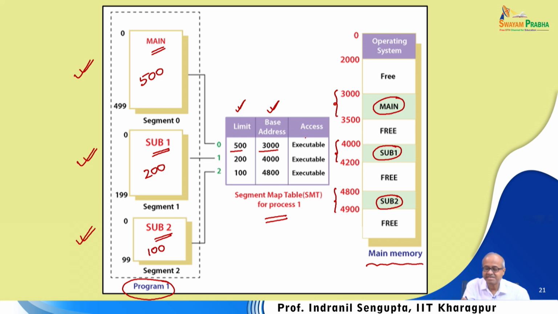And access type is also mentioned. As I said, this is an executable, you cannot write into it, you can only execute. But if it is a data segment, you can have read write access.